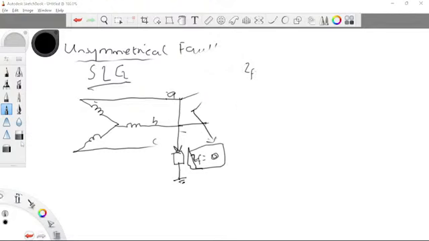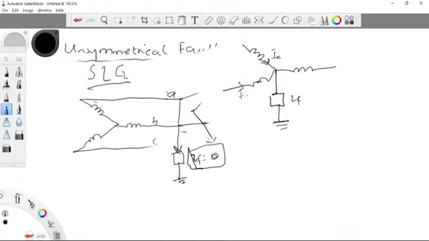And then you should know that, like the balanced load we had, let me redraw the balanced load. So this is our impedance to ground, ZF. If the load is balanced, we have IA, IB, IC.